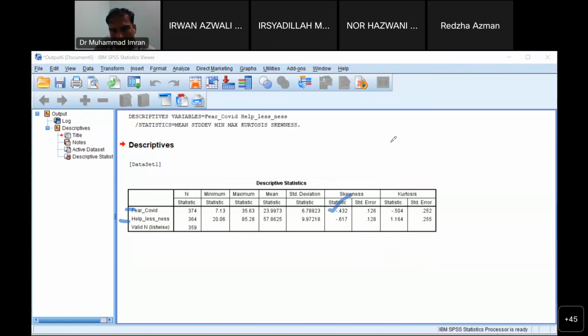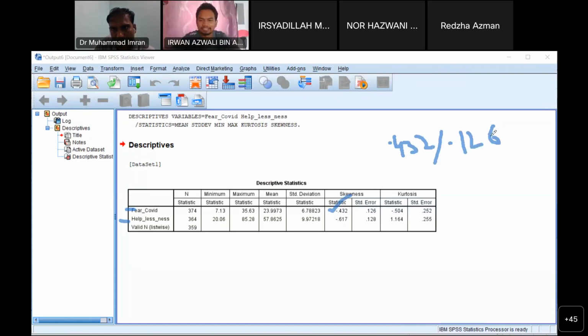For manual calculation, you have to calculate: 0.67 divided by 0.126. What's the answer? Can anybody help me?